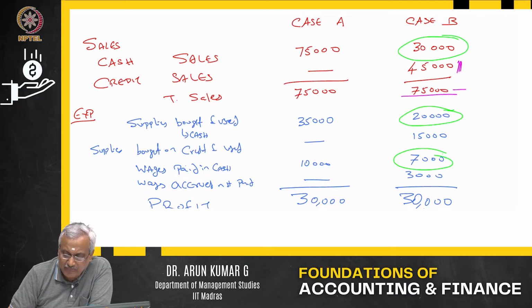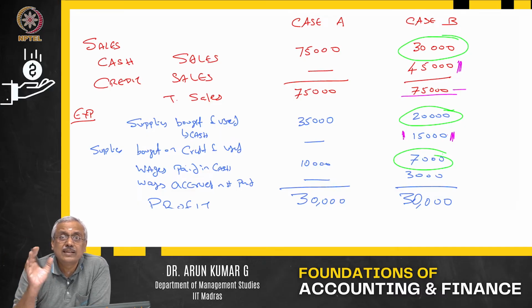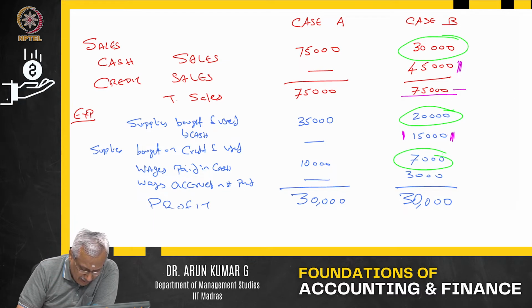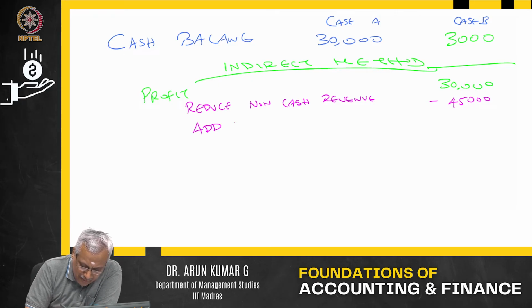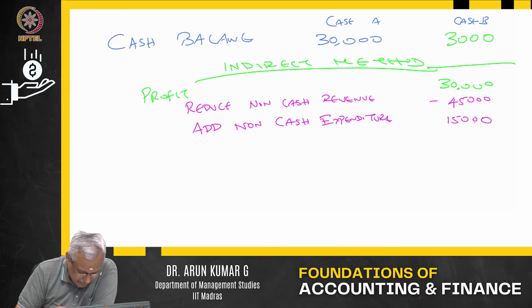When I got this 30,000 profit, I included the 15,000 credit purchase as an expenditure. But has the cash gone out? No, cash has not gone out for that 15,000. So I add back the non-cash expenditure, 15,000.